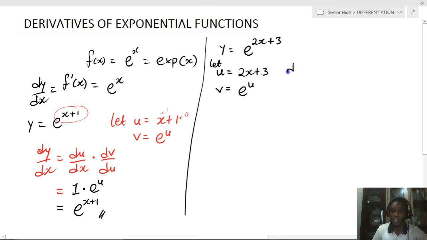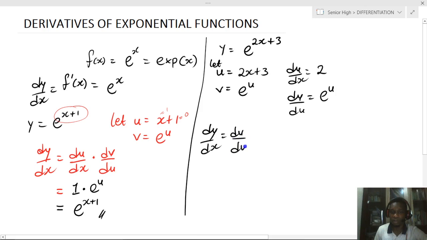So our du dx is equal to just 2, right? And our dv with respect to u will still be exponential u, since doing this will still give the same thing. Now our dy dx will be equal to dv du multiplying du dx.